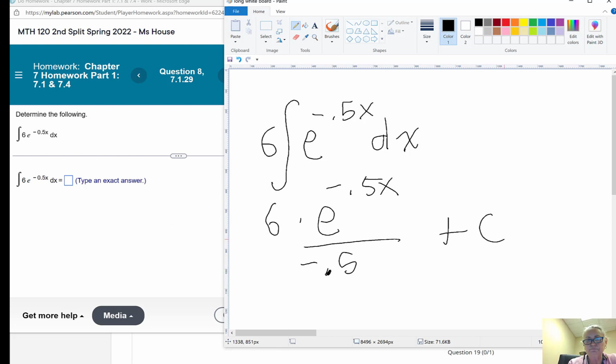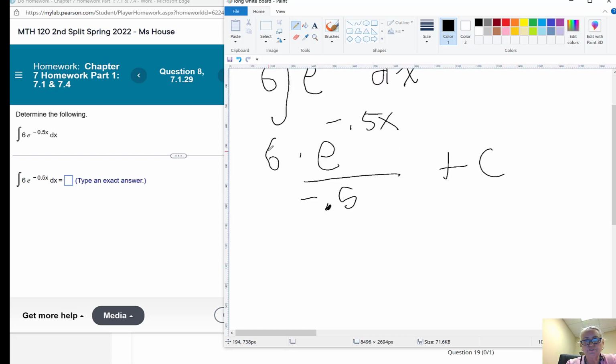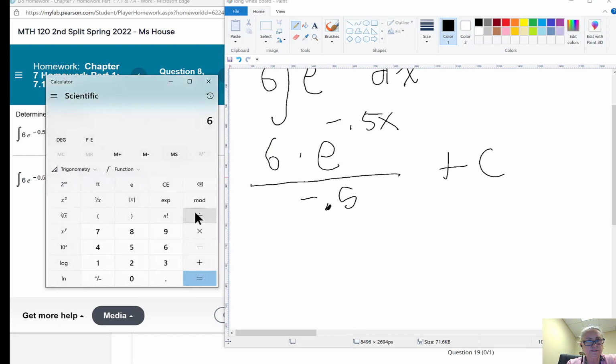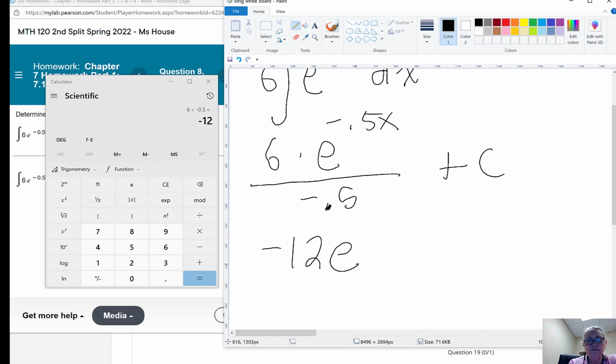And then plus c. So I've got a 6 on the top here divided by negative 0.5. So I've got 6 divided by 0.5 as a negative is negative 12 e to the negative 0.5x plus c.